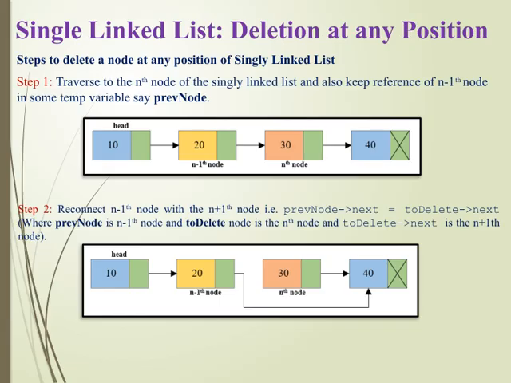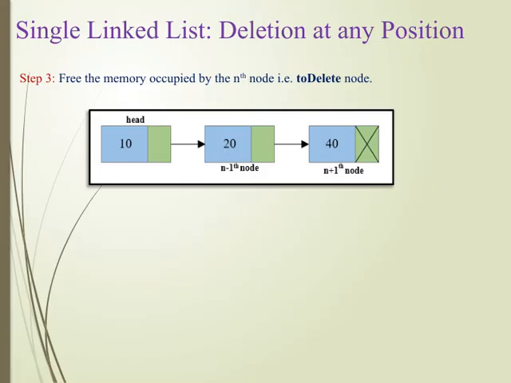Now, in step 3, we're focusing on freeing the memory occupied by the nth node, which is the node we want to delete, also known as the toDelete node. Once we've adjusted the links to bypass this node, it's essential to deallocate the memory it was using. This step helps prevent memory leaks and keeps our program efficient.